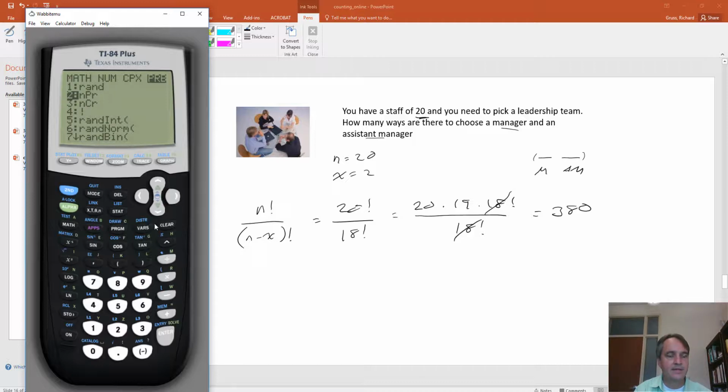Now see, there's that nPr, and they're using r instead of x, but it's the same thing. So permute, and we've got the 20 here, and then the permute operator, and, sorry, that should be 2. So let's do 20 permute 2. Okay, and that's the answer we got.